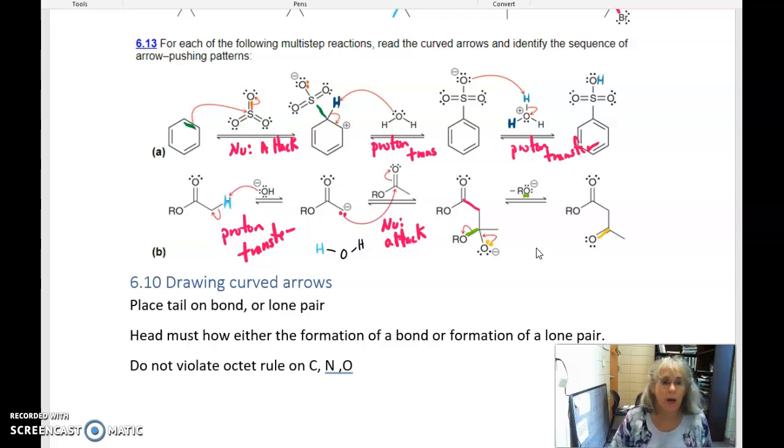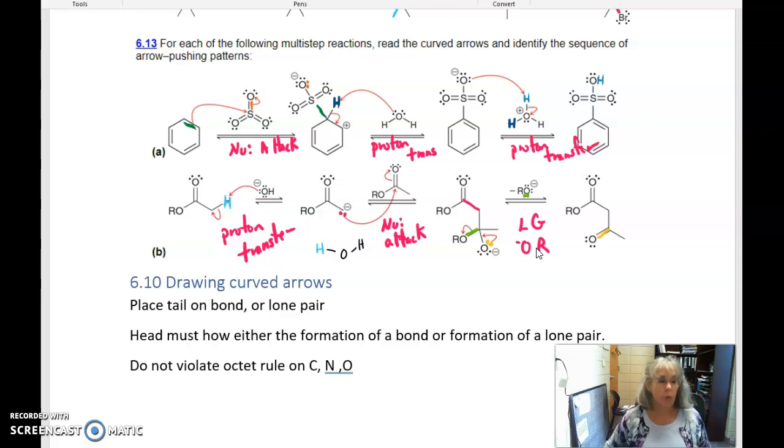Here we've got a group that's being forced out. These electrons that are green are going to end up on this oxygen. They end up being one of these lone pairs of our product. So this is a loss of a leaving group. The OR is our leaving group, and that's what left.